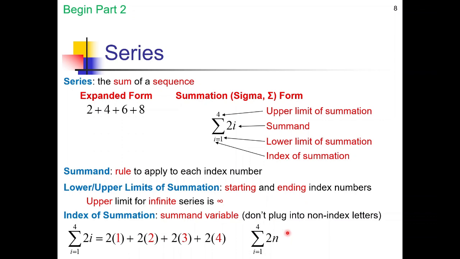It's like having an invisible 0 times i going on. So this would actually be just 2n plus 2n plus 2n plus 2n. That would be the first, second, third, and fourth terms, because there's nowhere to plug this i in. So this is what this thing would actually evaluate to. And I could simplify this, but since I don't know anything else about n, I would have to leave it that way.